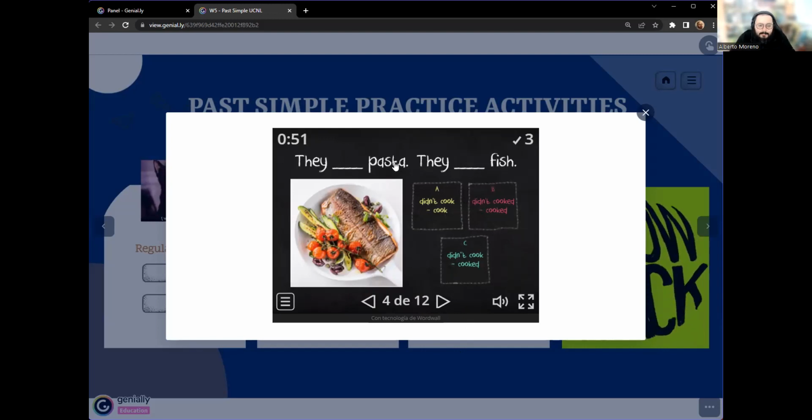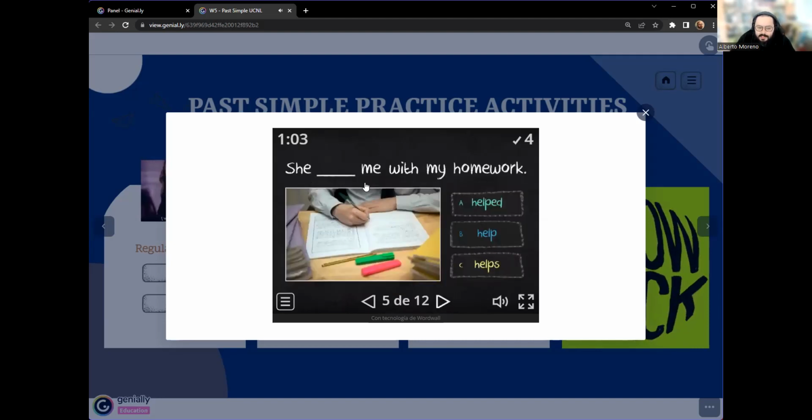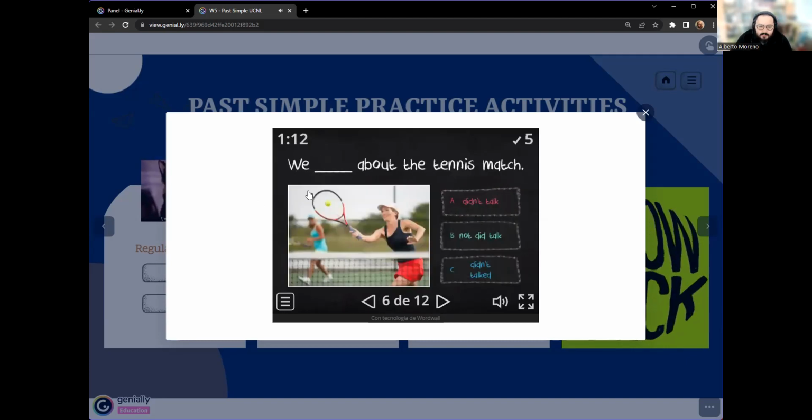They blank pasta, they blank fish. C. See, they didn't cook pasta, they cooked fish. Very good. She blank me with my homework. A. She helped me. We blank about the tennis match.